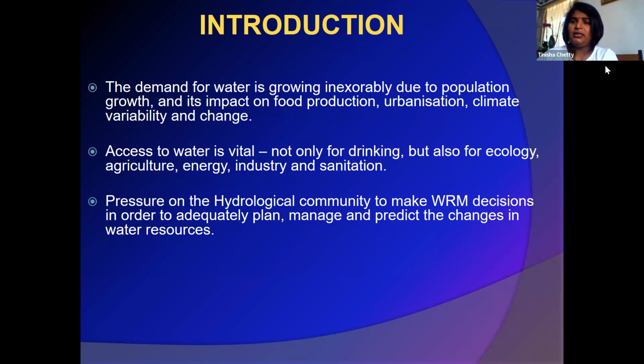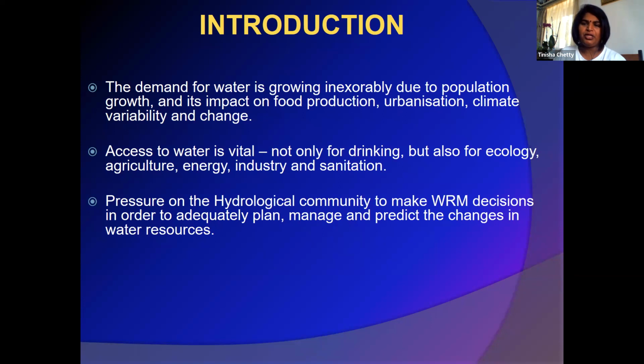So water is of utmost importance, and there's a lot of pressure on the hydrological community, on people involved in water resources studies and management, and policymakers, decision makers, to adequately plan, to manage, to be able to predict the changes in water resources.